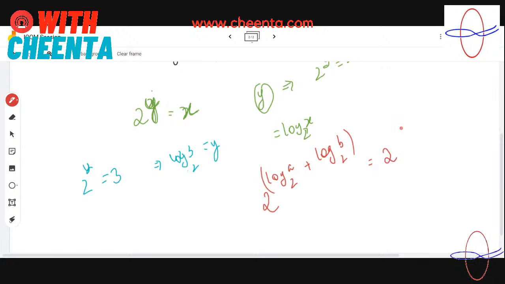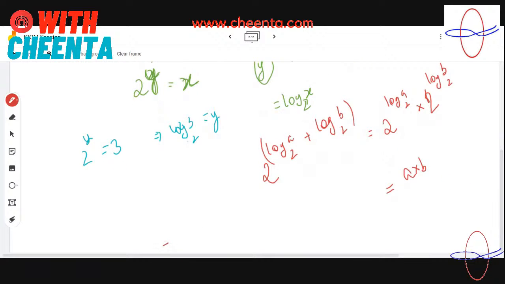It's the same as 2 to the power log a base 2 times 2 to the power log b base 2, by the property of powers. Now 2 to the power log a base 2 is what? It is equal to a, right? Since 2 to the power y is equal to x means that y is equal to log x base 2. Therefore 2 to the power log a base 2 times 2 to the power log b base 2 is equal to a times b.